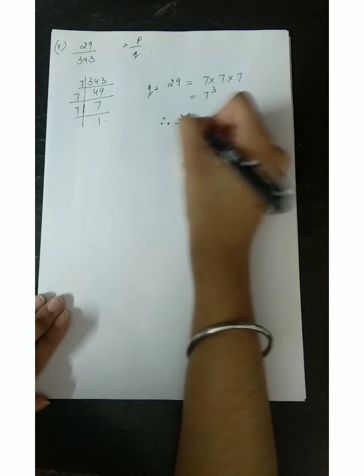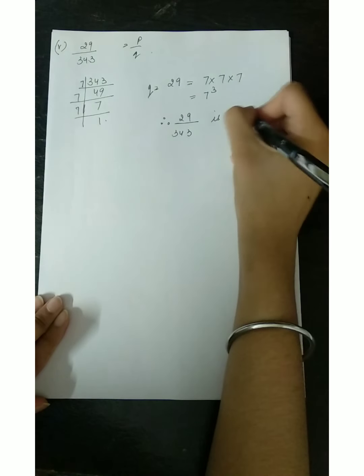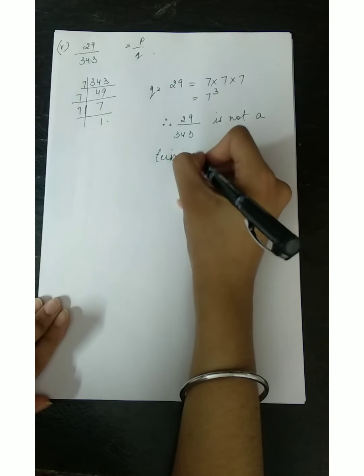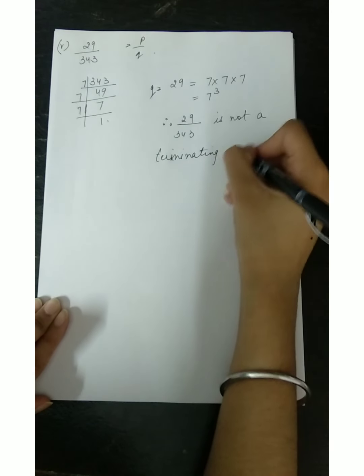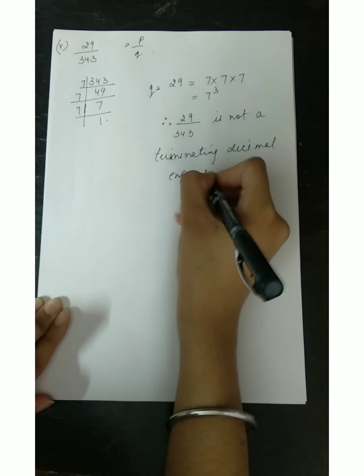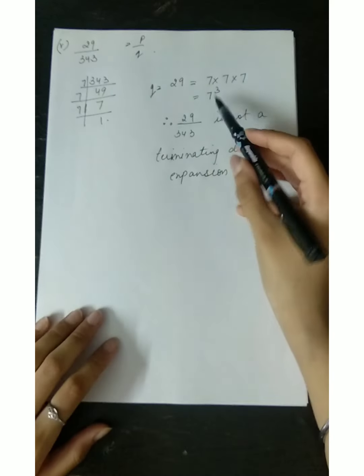Therefore, 29 upon 343 is not a terminating decimal expansion. Why? Because it is not of the form 2^n multiplied by 5^m.